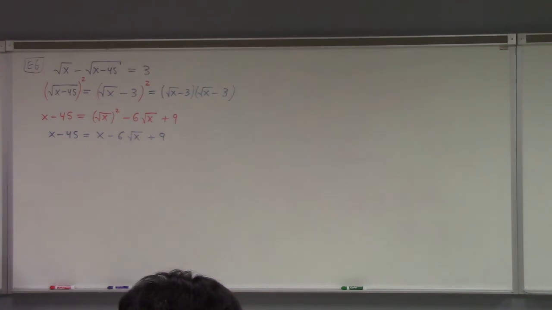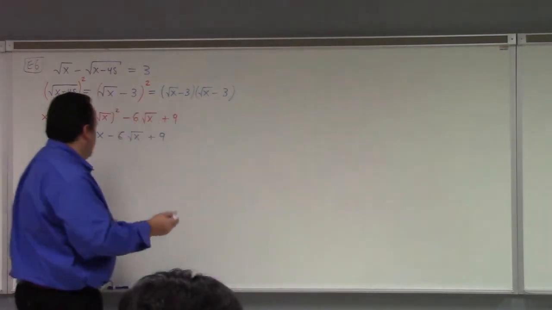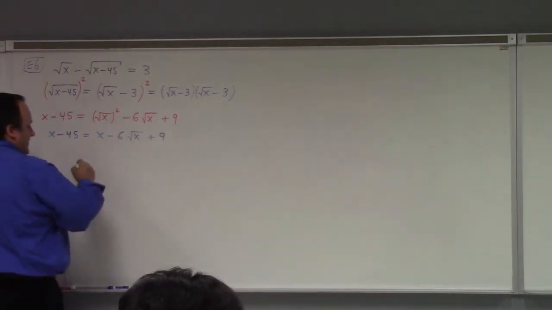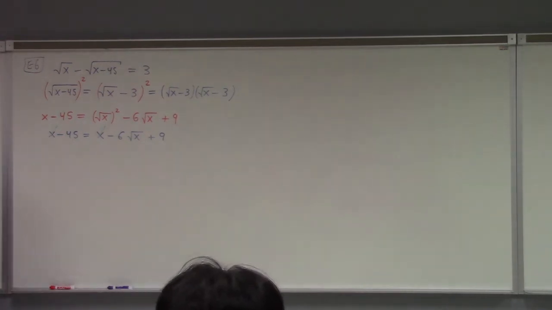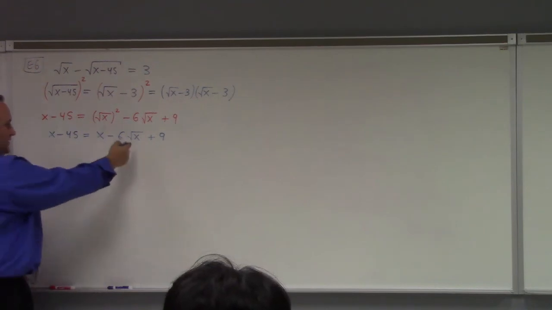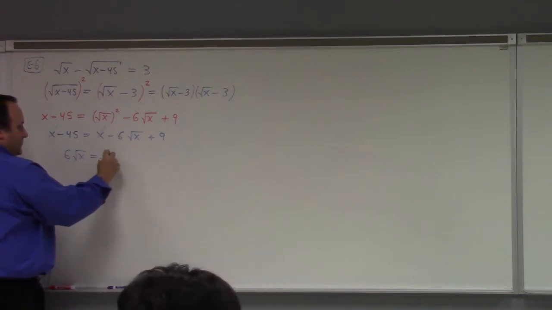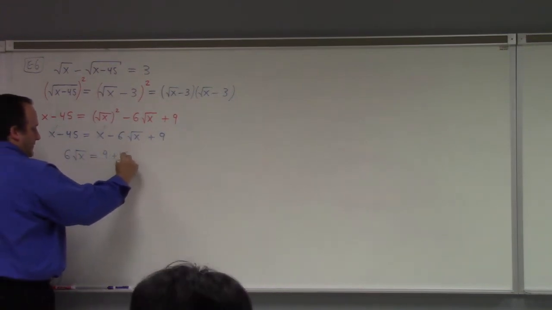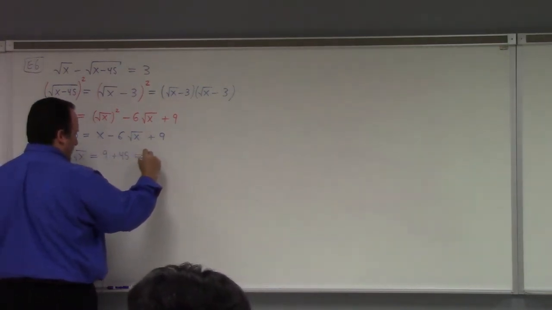Oh, look at that. That's real nice. This and that cancel. Yay. So now we just have square root of x left, so let's isolate square root of x. I'm going to add that to the other side. I get 6 root x is equal to 9 plus 45. 9 plus 45 is, what, 54?